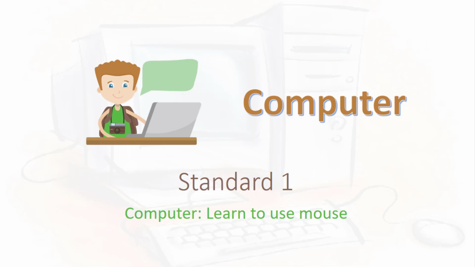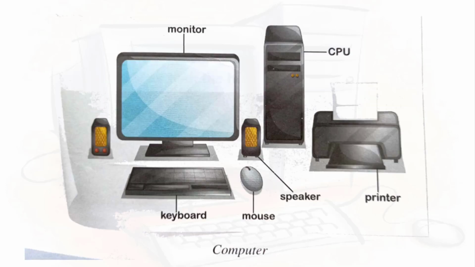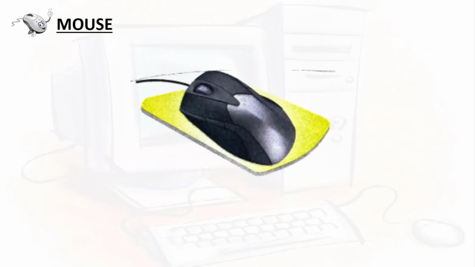Hello everyone. Today we are going to learn about how we can use the mouse, which is an important part of the computer system. As you can see, the computer consists of many parts. Among these, we are going to learn about this mouse. What is this?